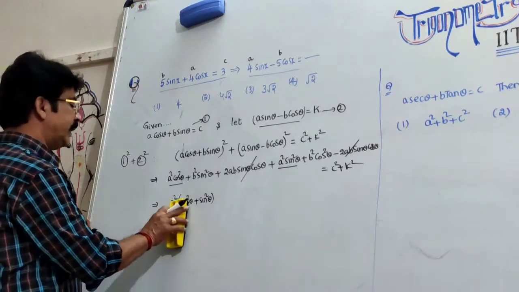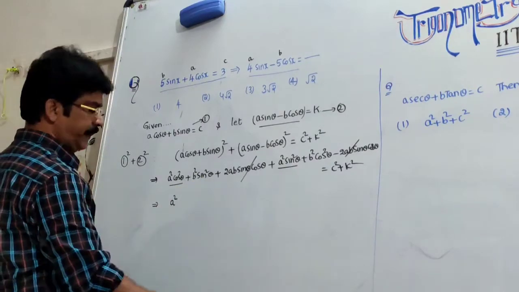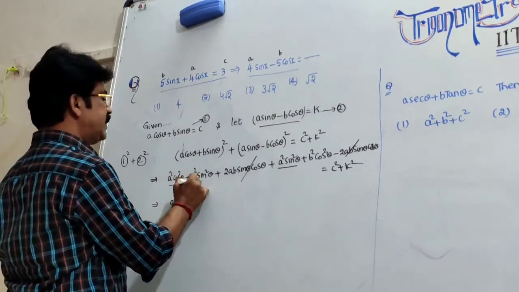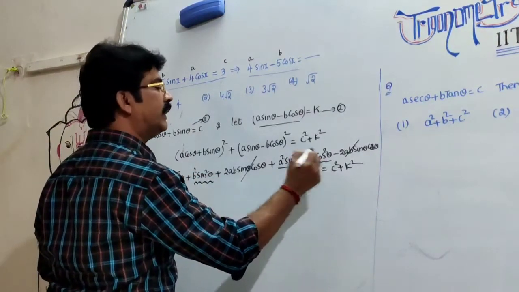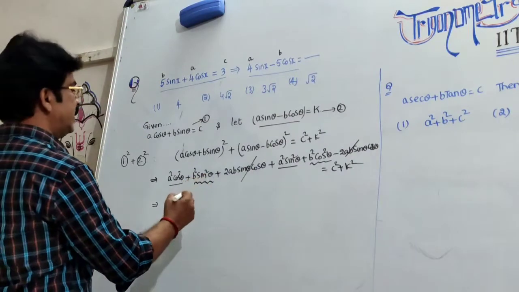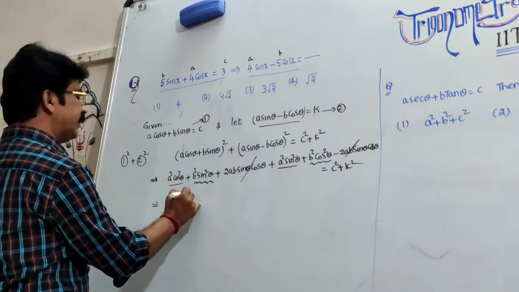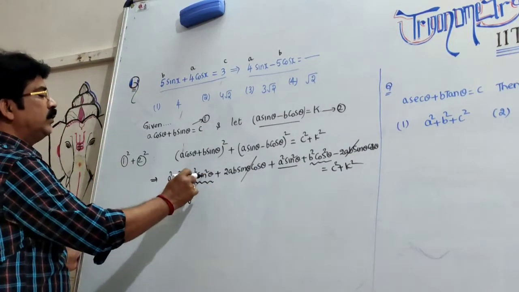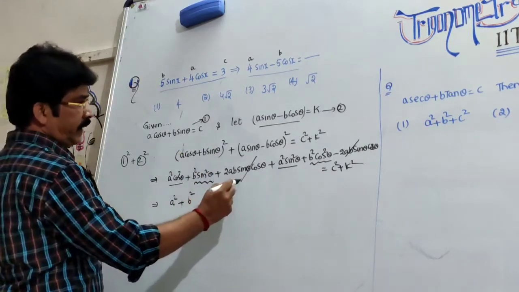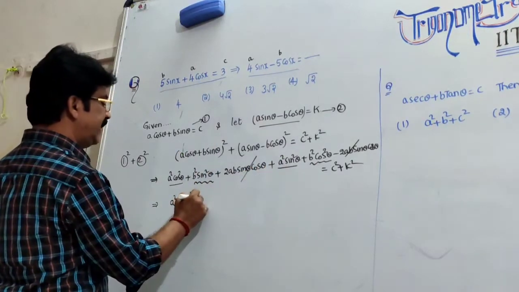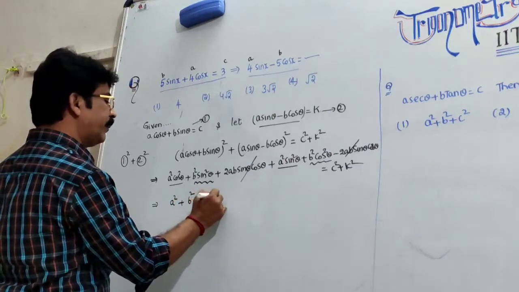a square into 1 is a square. So I will take the direct step: a square. Next, these two, b square sin square theta and b square cos square theta, give plus b square, since b square into sin square theta plus cos square theta is 1 into b square, b square. Next, that is equal to c square plus k square.